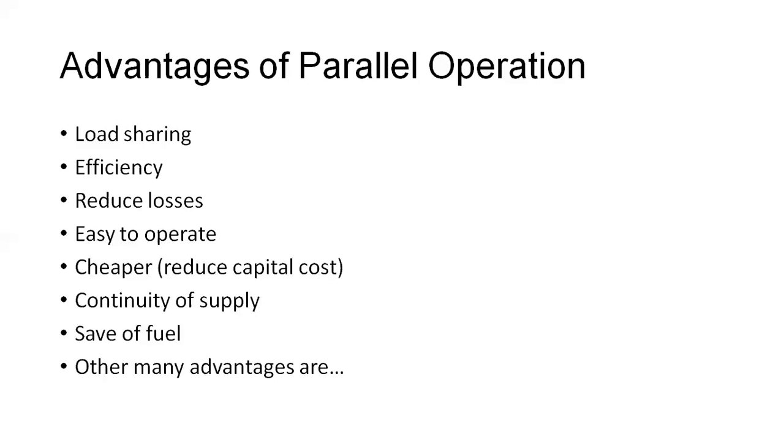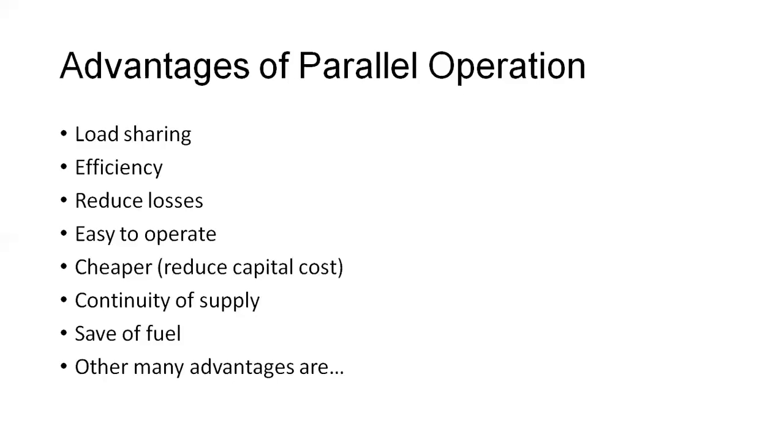There are other applications also. You can note down what the applications of parallel operation of alternators are. We can use it for high load, for industries, and for reliable power supply.